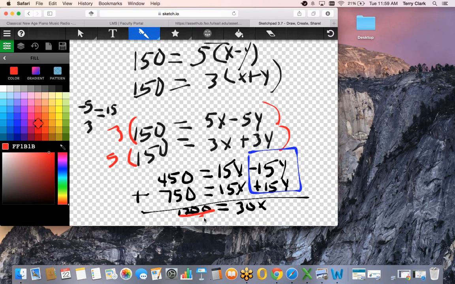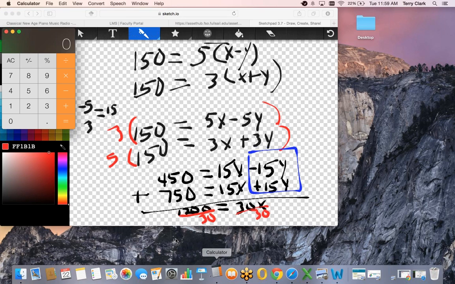Okay. Sometimes you can just look at them and know what the answers are going to be. You can't, 30 times what will give you 1,200? It's not like it's on the timetable chart, so now you've got to divide it out. If it's on the timetable chart, then you can look at it and you know what it is.